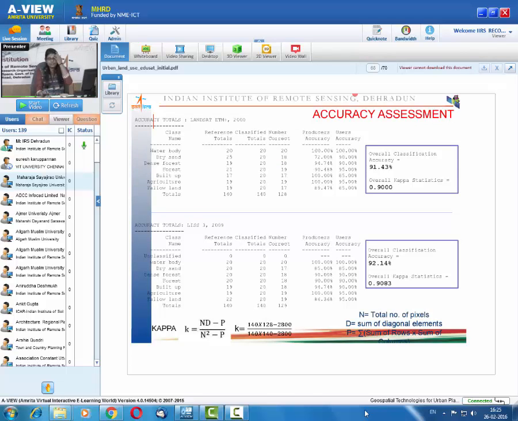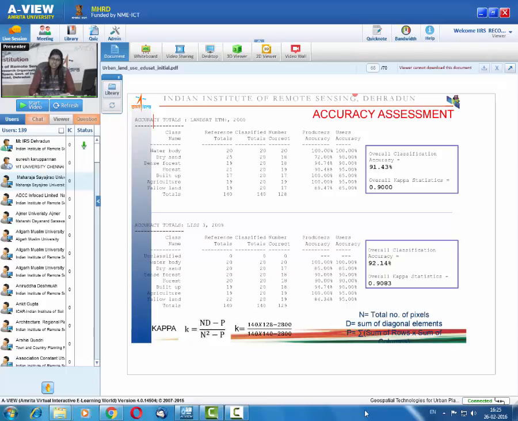So after the classification, this type of image comes to you. The kappa statistics, that what is the overall accuracy? 0.9. It ranges from 0 to 1. So as I told initially in the lecture, if the overall accuracy is more than 85%, it is considered to be a good classification.